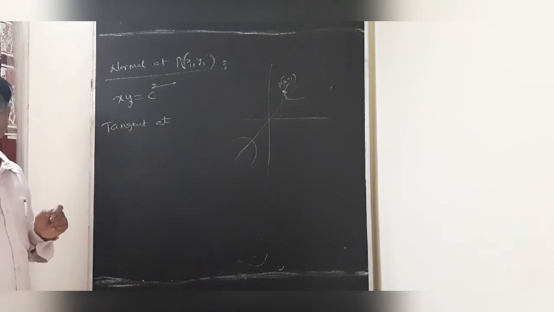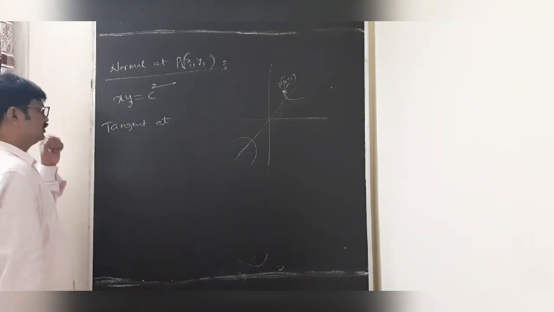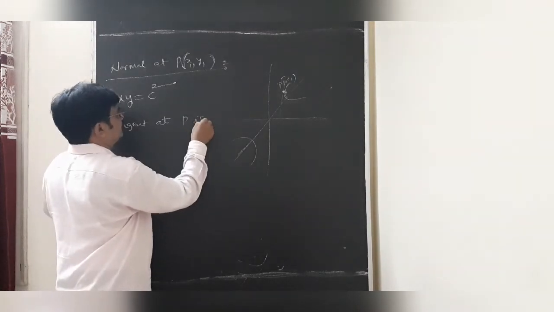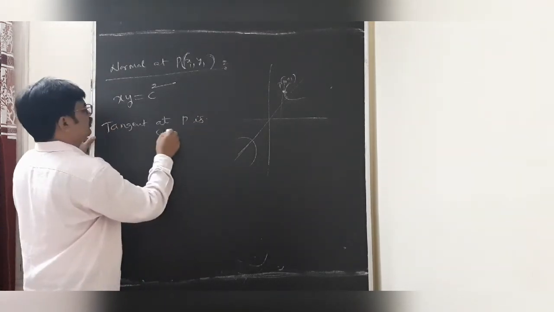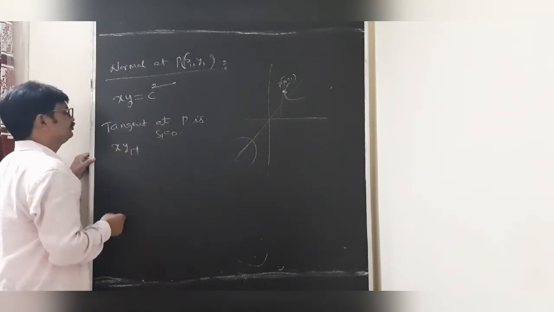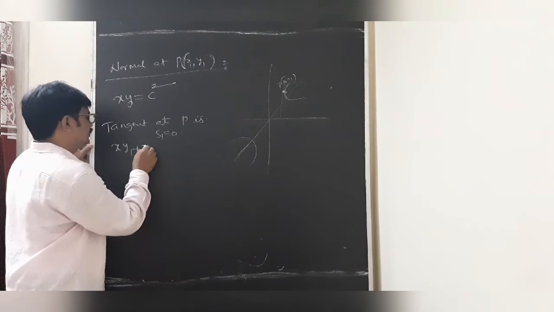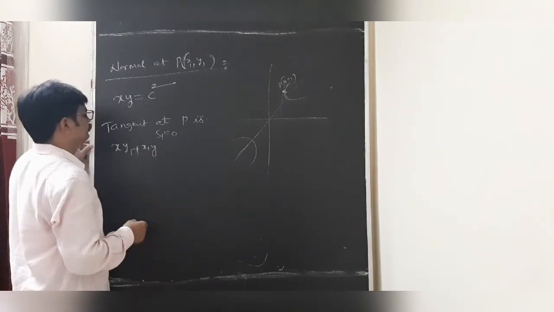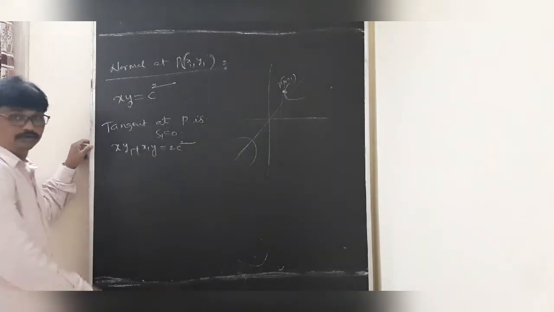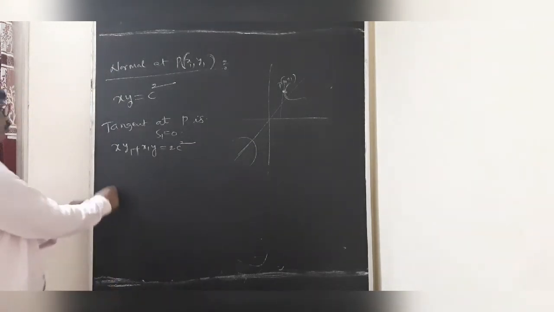So my dear students, the tangent at P is S1 equal to 0. Just now we discussed about xy1, after that x1y equal to 2c square. Yes or no students?